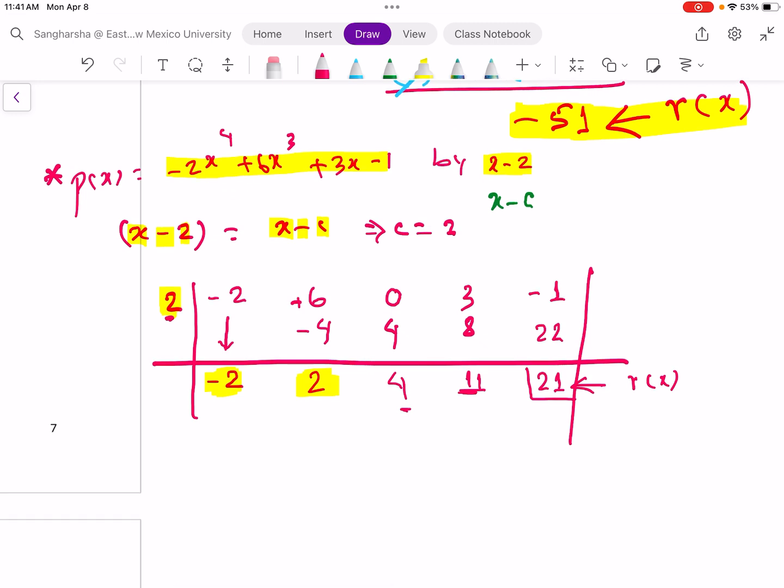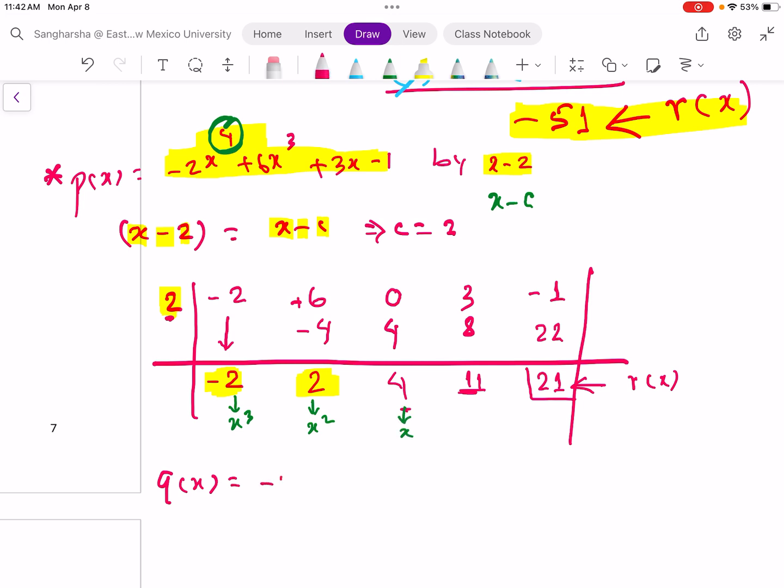Now the next thing, we need to find Q of x. Before you find Q of x, you need to know the degree. So what is the degree of the dividend? The highest degree is 4. Then the degree of the quotient will be 3. So to have degree 3, our first term has to be x cube. This is the coefficient for the x square term in descending order, this is for the x term, and this is the constant.